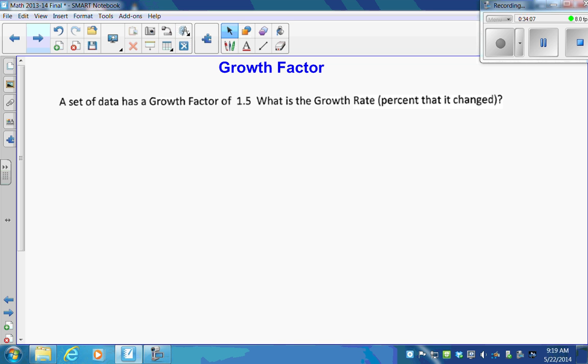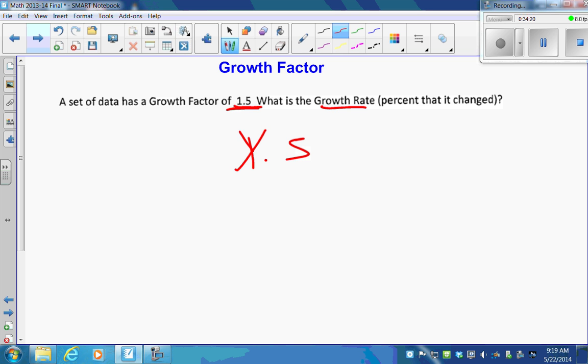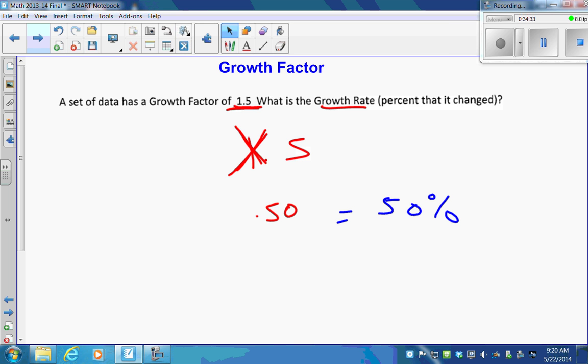Okay, so how to do my growth factor: it's 1.5. If I'm trying to find the growth rate, how quick it grows, you drop the 1 off. Get rid of the 1. So that's 0.5, and then you turn that into a percent. So 0.5 equals 50%.